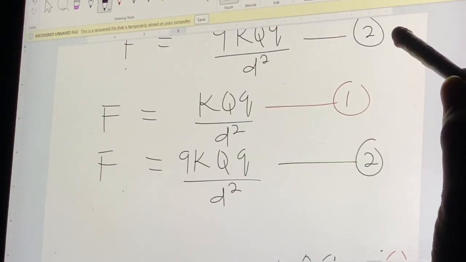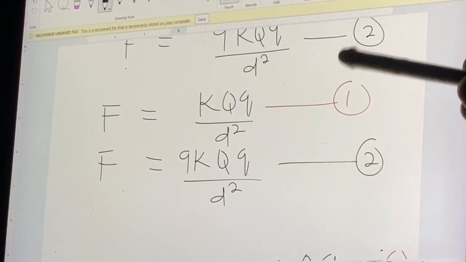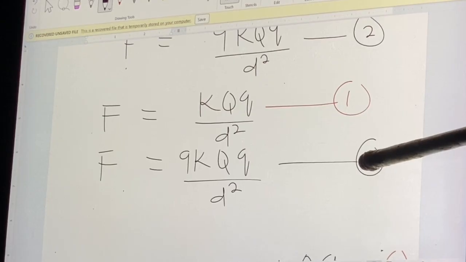So let's unite this together. Now listen to me carefully. Equation 1 and equation 2 are almost the same.